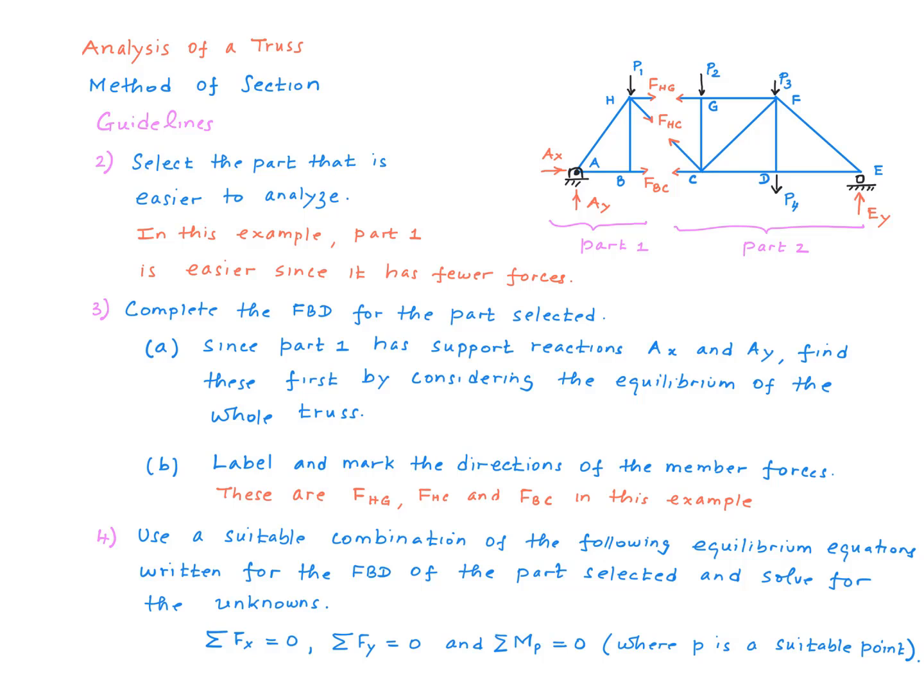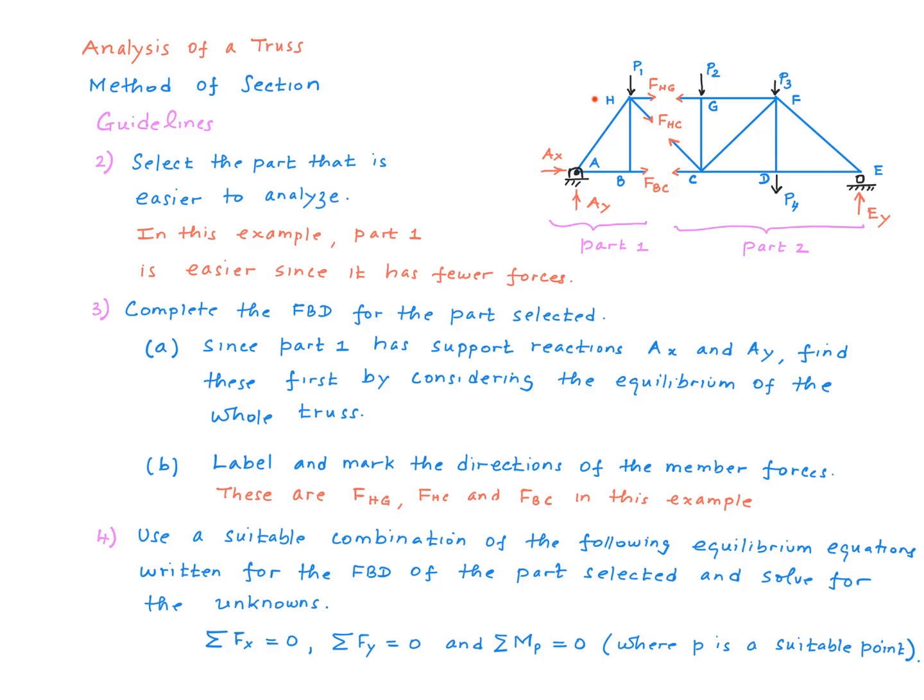Your next step is to complete the free body diagram for the part that you have selected for further analysis. If there are support reactions on the side that you have selected, you want to find them first. For example, if I select part 1 for analysis, I need to find the support reactions, AX and AY, first. And of course, you do that by considering the equilibrium of the whole structure.